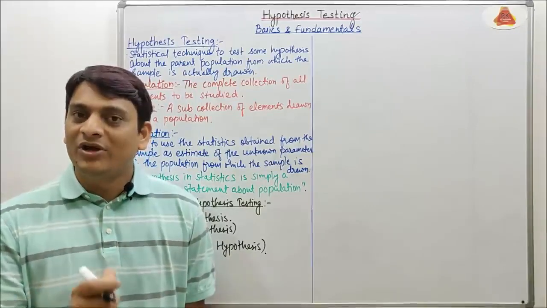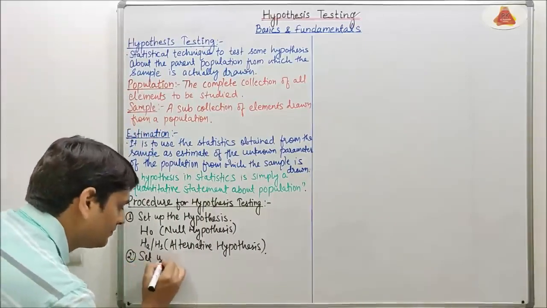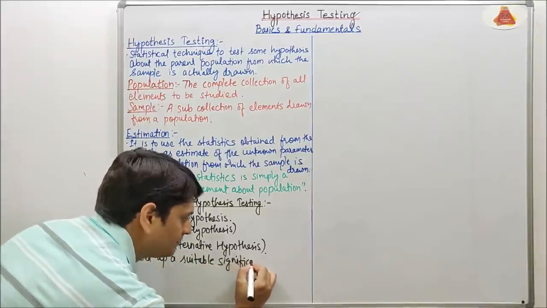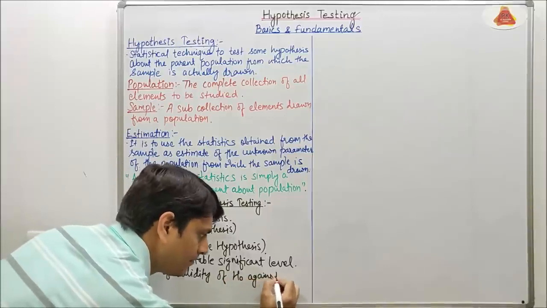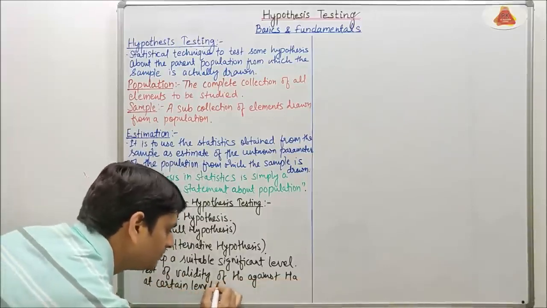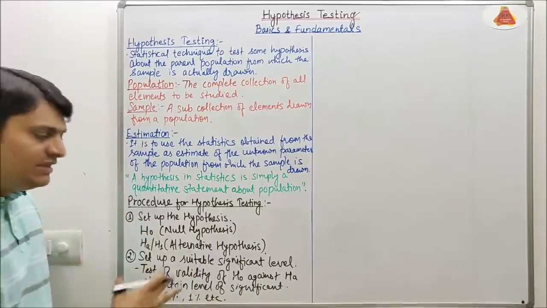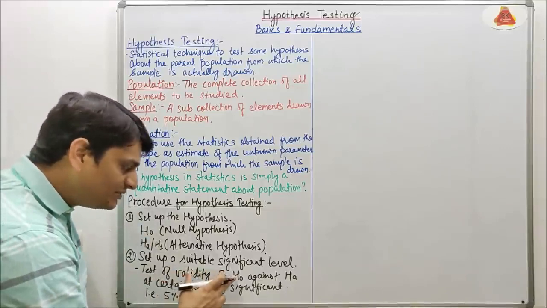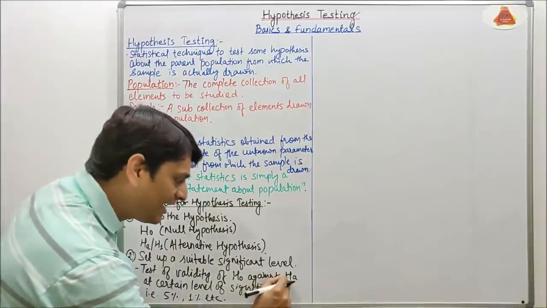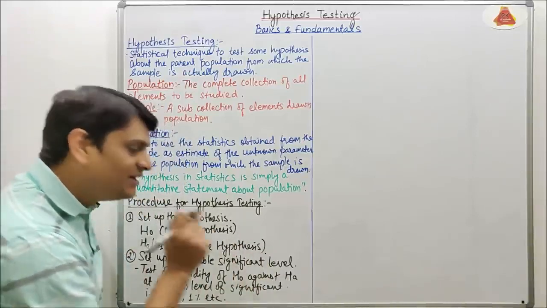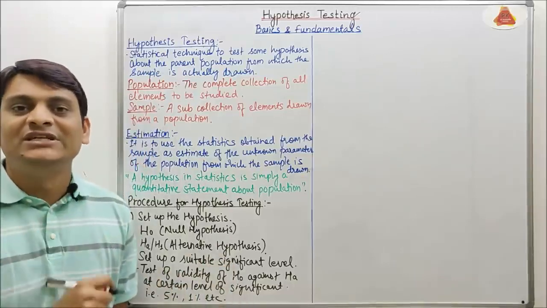Now coming to the second point, which is to set up a suitable significance level. So in the second step, the test of validity of the null hypothesis, which is H naught, against the alternative hypothesis, which is HA, takes place at a certain level of significance. This significance level is denoted in terms of percentage.